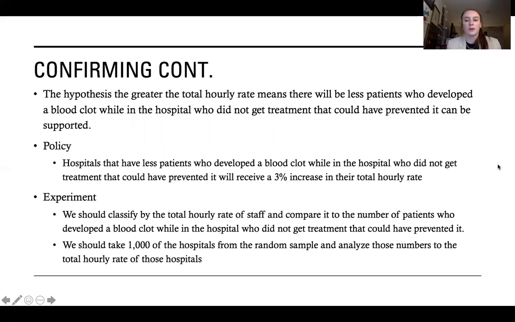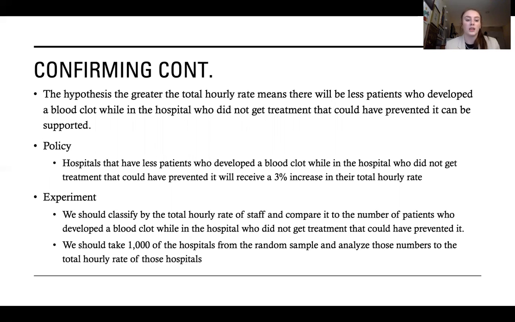And then for my second hypothesis, again, it can be supported. So a policy that I came up with: hospitals that have fewer patients who developed a blood clot while in the hospital who did not get treatment that could have prevented it will receive a 3% increase in their total hourly rate.